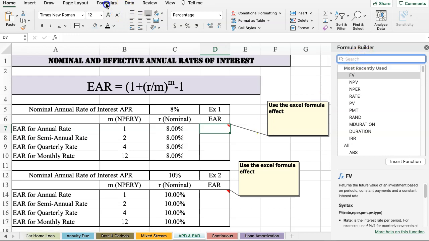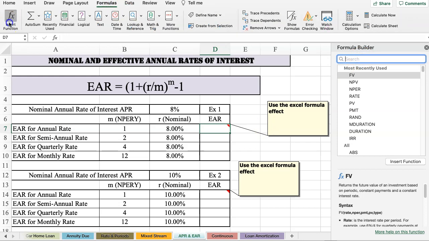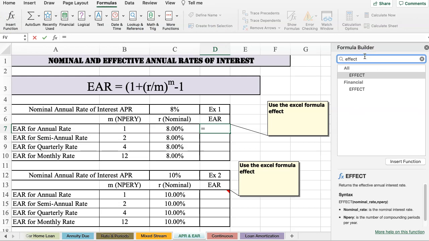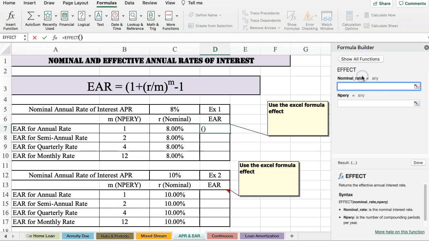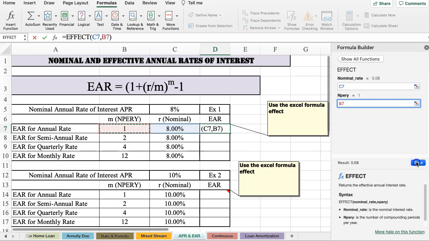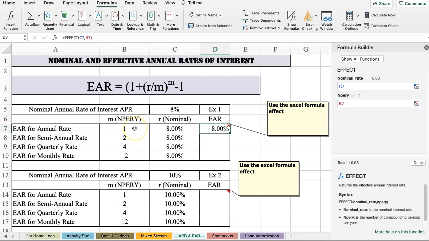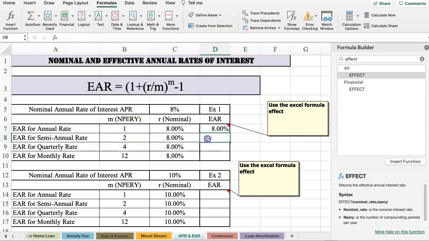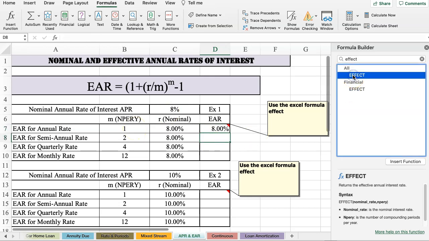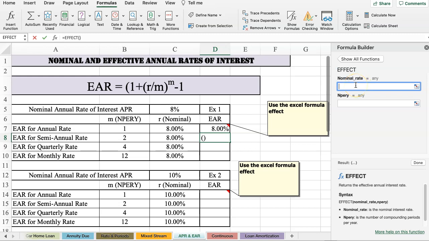Again, to get there, insert formula, looking for EFFECT, and the nominal rate. This is the nominal rate, and then the number of periods is here, which is 1. See that if the frequency is annual, the rate always equals 8, or the APR. But if we have an effective rate with a frequency of 2, we put in the rate and we get the rate. If I pull this down, as the frequency increases, the effective rate increases.